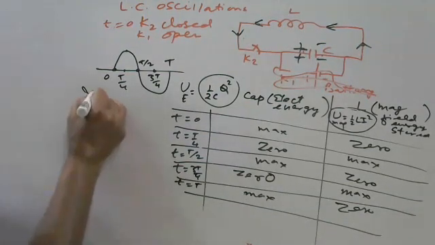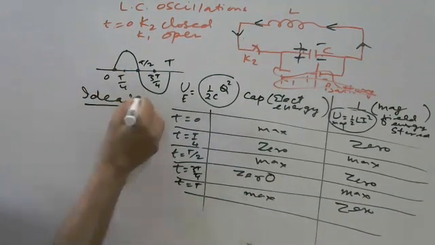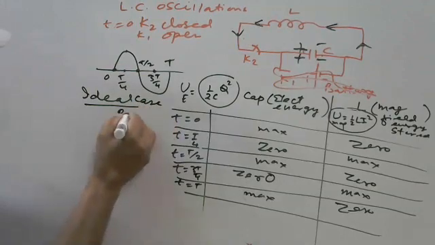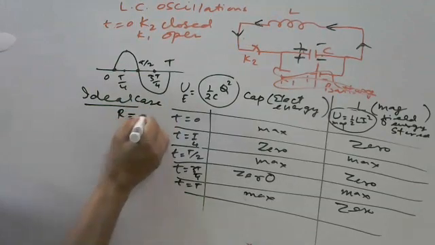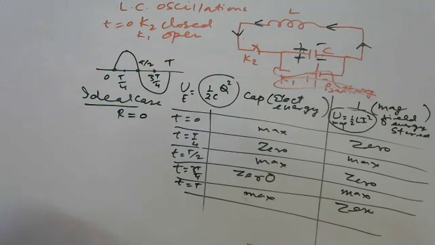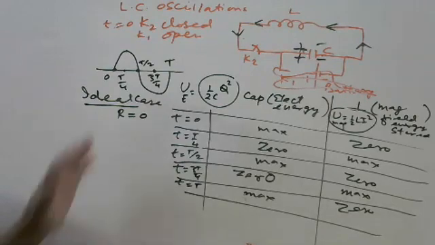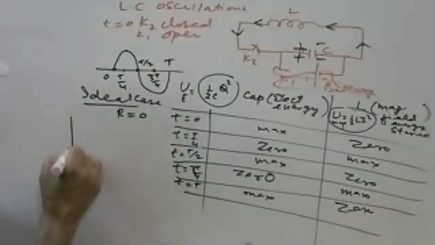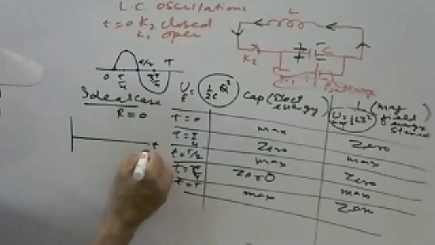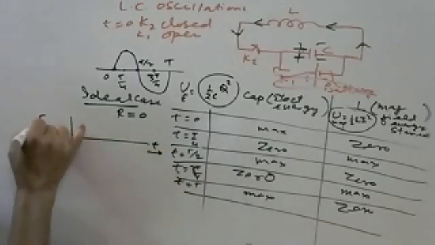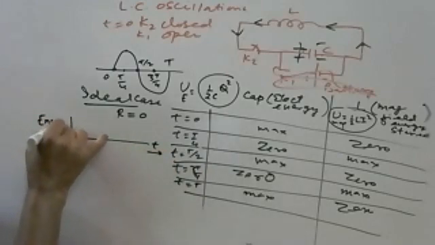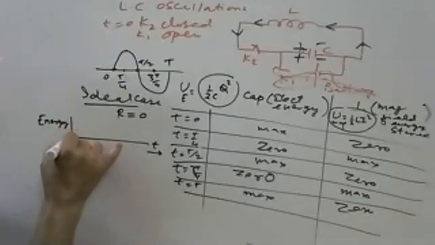Suppose the ideal condition means what? Ideal case, there is no resistance. Resistance is 0, and we know there is no loss of energy in the inductor as well as in the capacitor. So there is no loss in energy transfer. We can draw the energy versus time graph. It is like this.